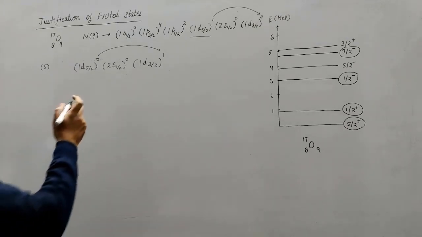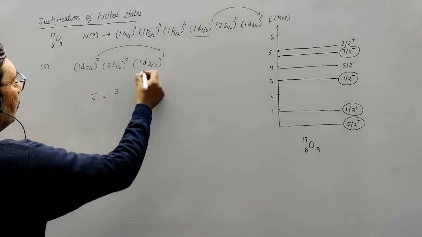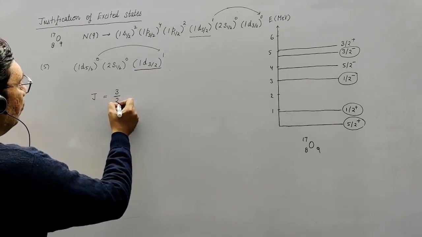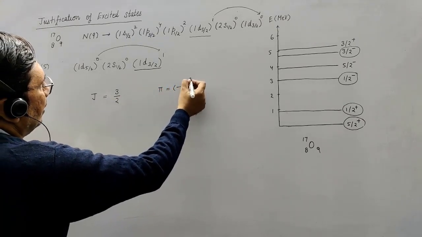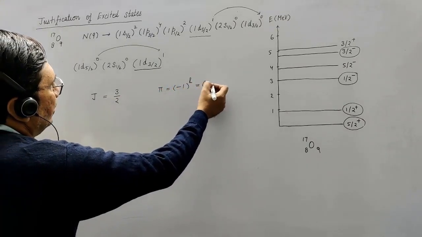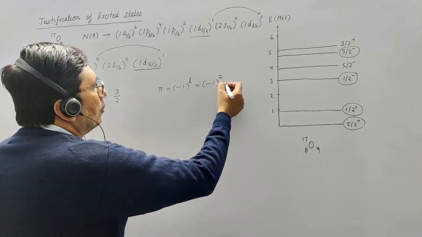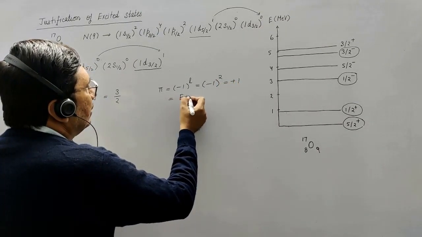Now the unpaired neutron will be in the 1d3 by 2 state. So what will be its J value? The J value will be 3 by 2. What will be the parity? Parity will be equal to minus 1 to the power L. What is the value of L for D? S, P, D, so it will be 2. L value is 2, so this is plus 1. So parity is even parity.